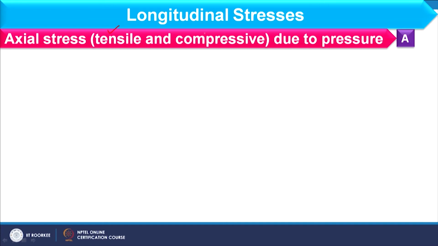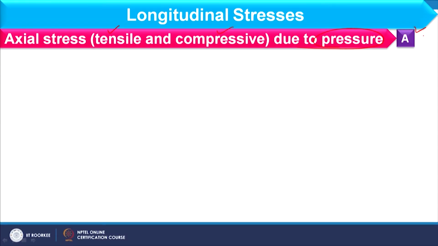So, let us focus on the longitudinal stresses generated by different factors we have discussed already. First of all we will consider the axial stress, that is tensile or compressive, due to pressure. When it is internal pressure, we have tensile stress because it will try to expand the shell.